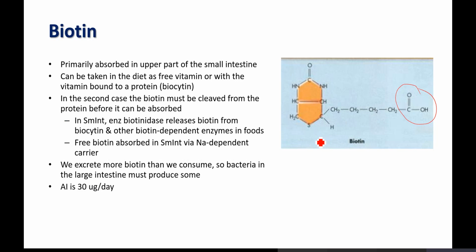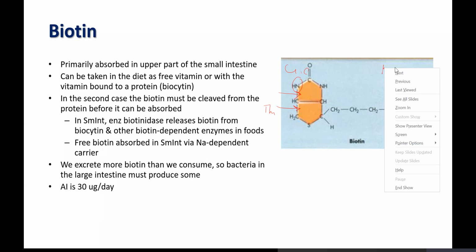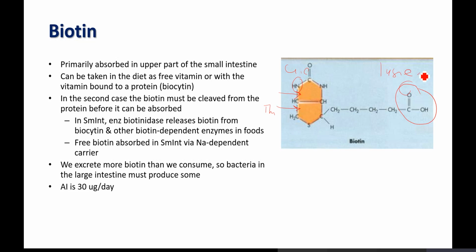The structure is formed by an imidazole ring and a thiophene ring, and you have this N. This is the site for binding, and this COOH binds with the lysine in the enzyme. These are the binding sites.